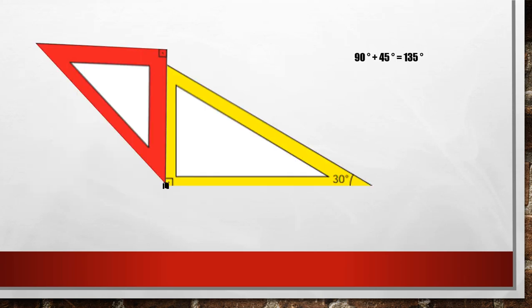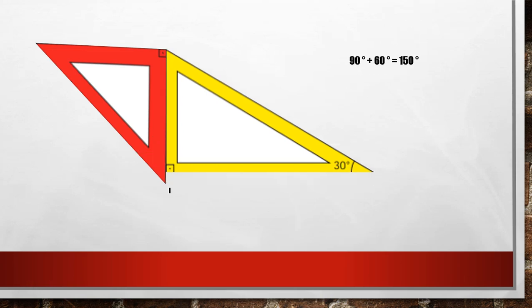Here are adjacent angles, 90 degrees and 45 degrees, and a common vertex and ray. 90 plus 45 equals 135. Here we know that it is 60 degrees.